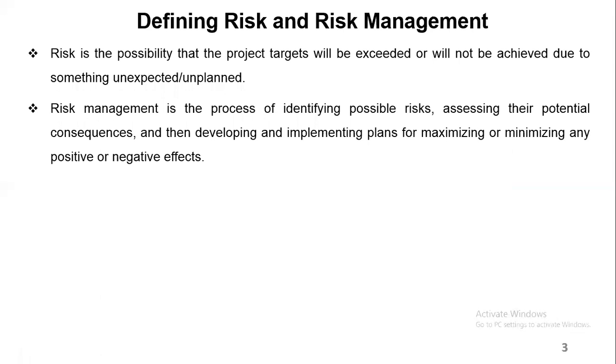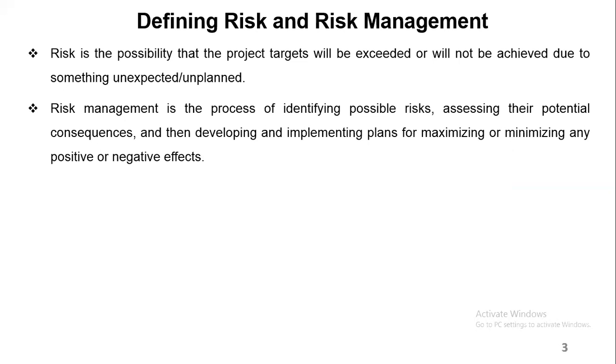Okay, so a risk is basically the possibility that project targets will be exceeded or will not be achieved due to something unexpected or unplanned that may happen. A risk can actually be positive or negative according to the PM book.